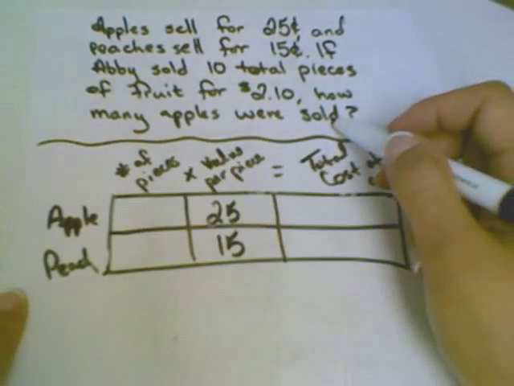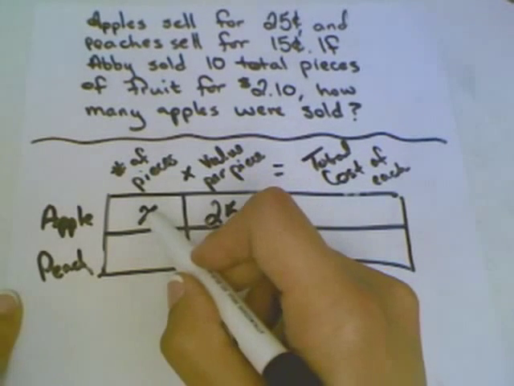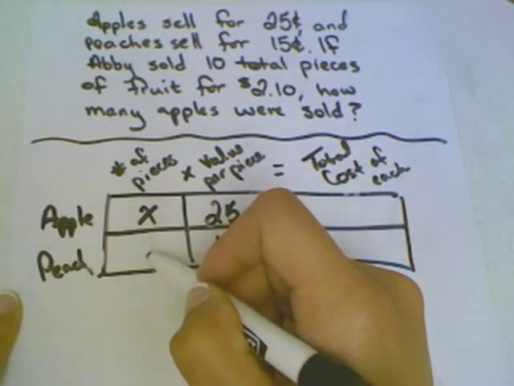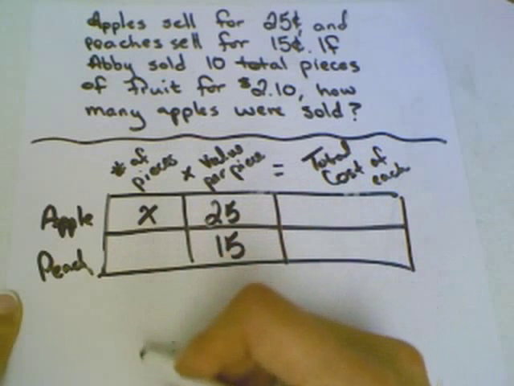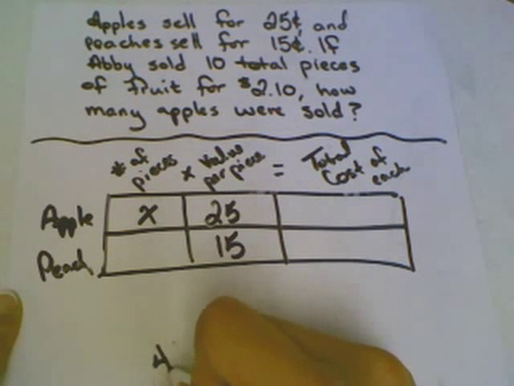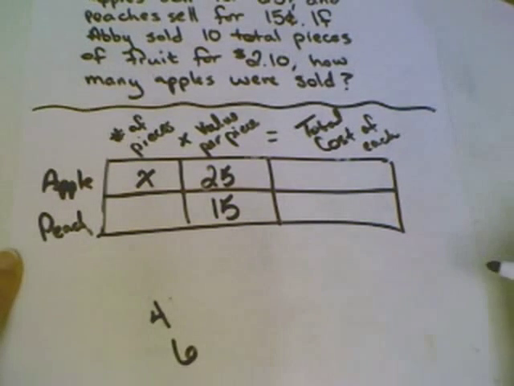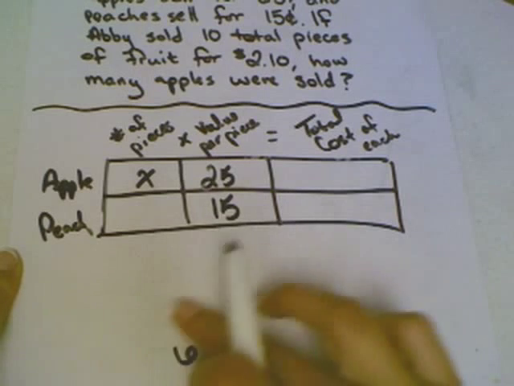Well, if I want to know how many apples were sold, let's make that my variable x. Now, if x number of apples are sold, and I know that this plus this equals 10, let's think about this. If I know that let's say 4 apples were sold, then I know 6 peaches were sold because 10 minus 4 is 6.